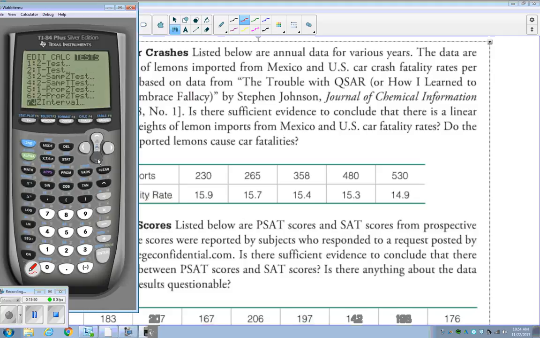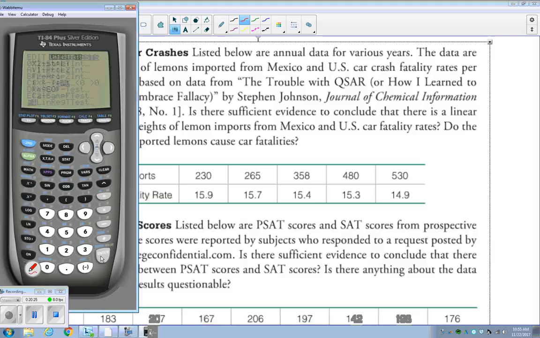You're going to cursor all the way down till it says, on mine it's F. It may not be F on yours if you have a different operating system. Linear regression, and it says t-test. Linear regression, t-test. Everybody cool?